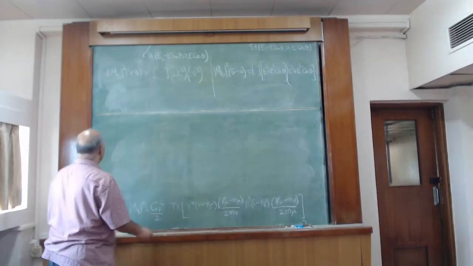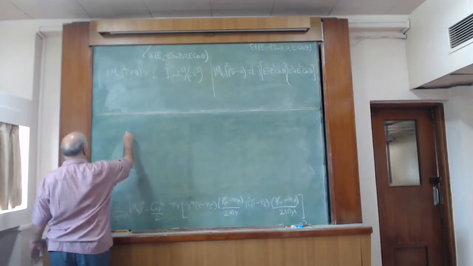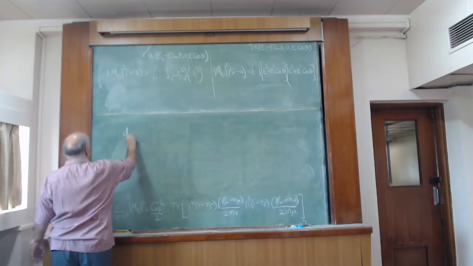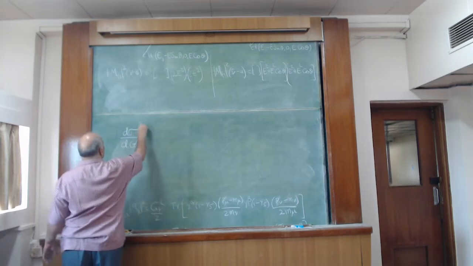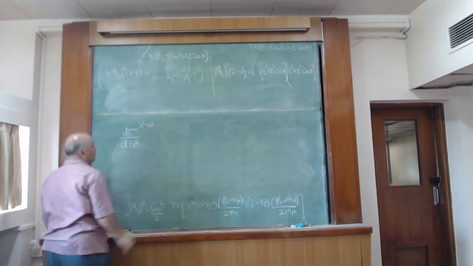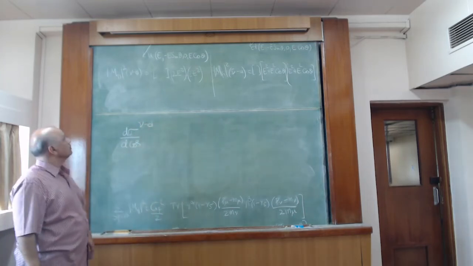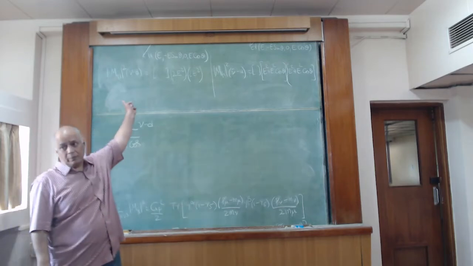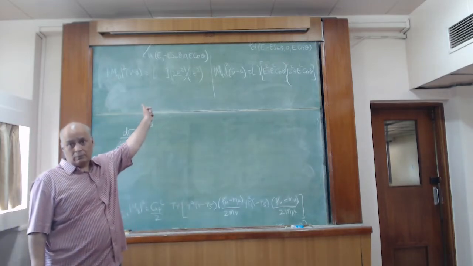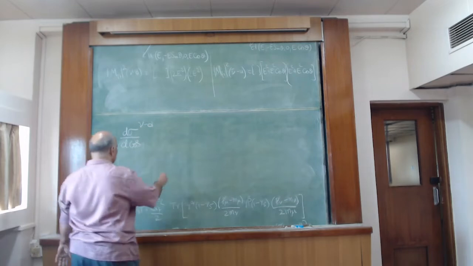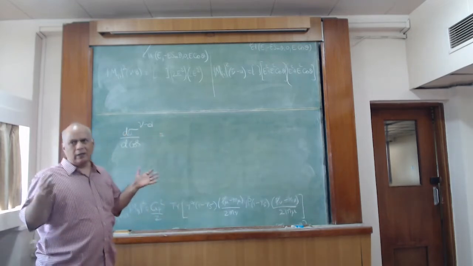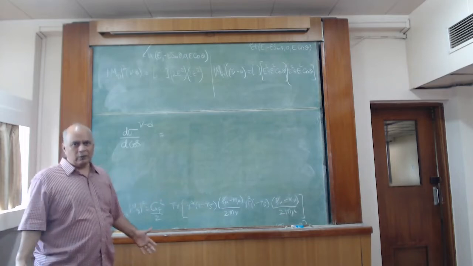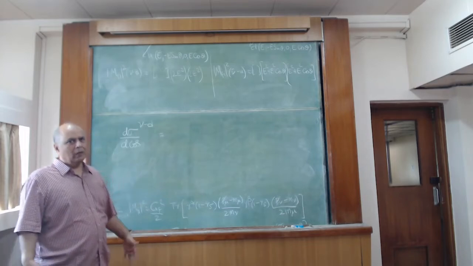So if I calculate d sigma d cos theta for mu d, there is no theta dependence, and one can sort of turn the crank and do all the calculations properly.